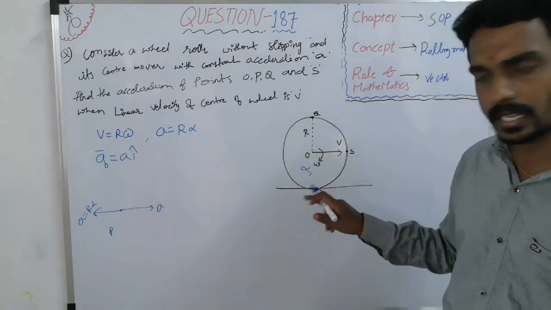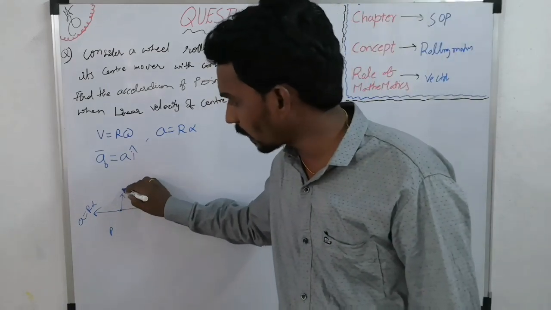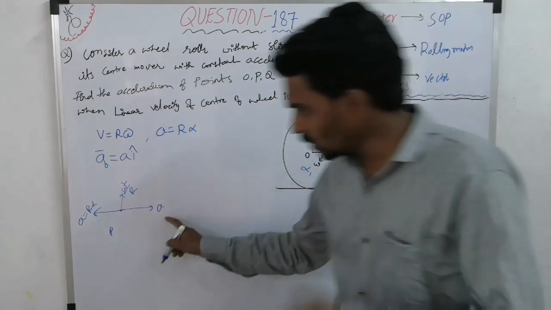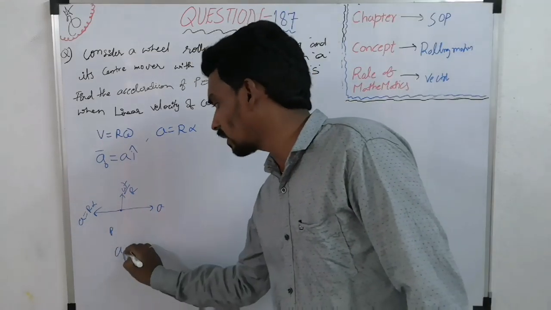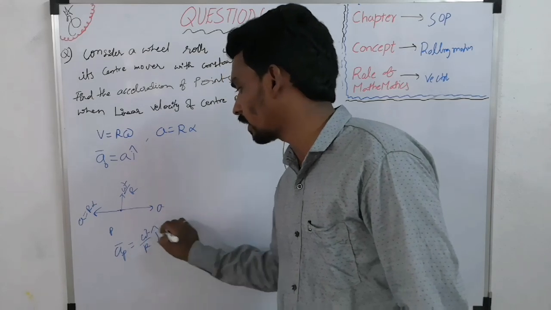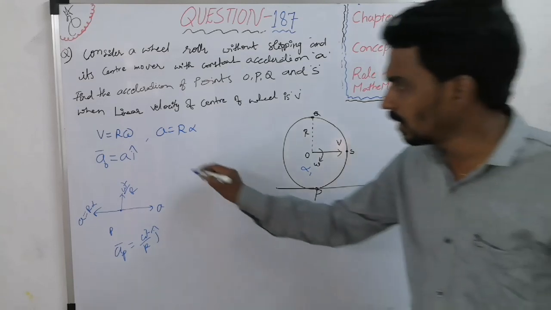It is also moving in a circular path, so there is one centripetal acceleration, that is omega square by r. So these two will get cancelled. Then what is the acceleration of P? Point P will become omega square by r j cap, upward, the resultant acceleration.